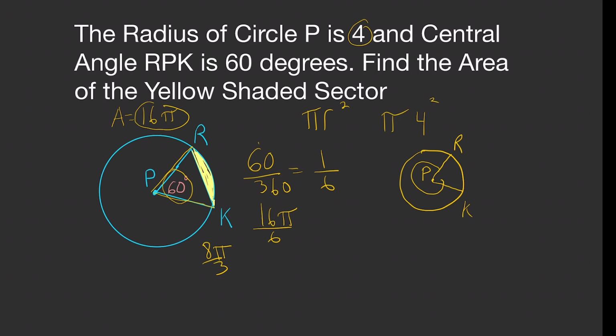So that would be the whole thing. However, they're talking about, no, I don't even want that. I don't want this triangle part in here. I want just the yellow area, which means I need to find the area of that triangle, and then I can subtract it.